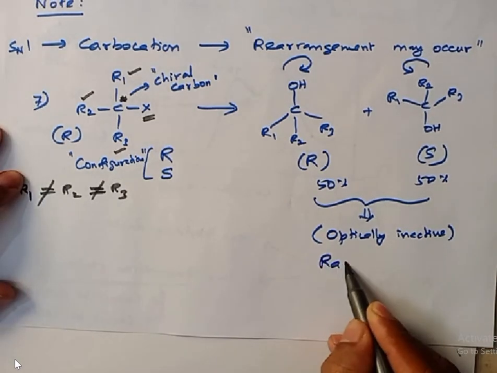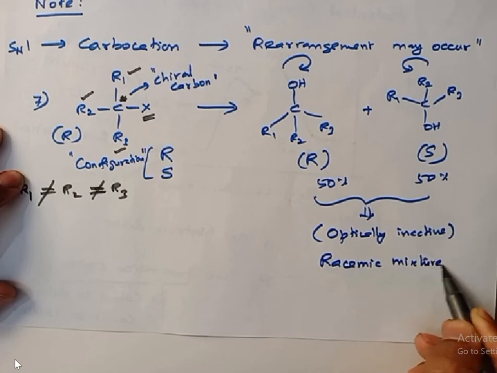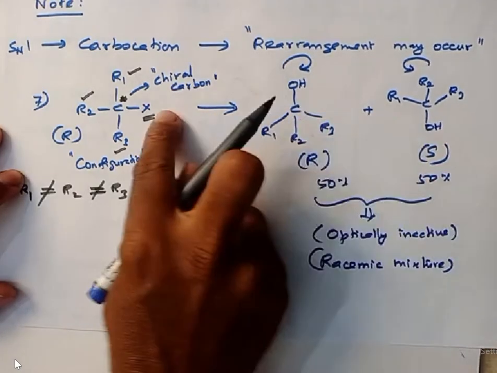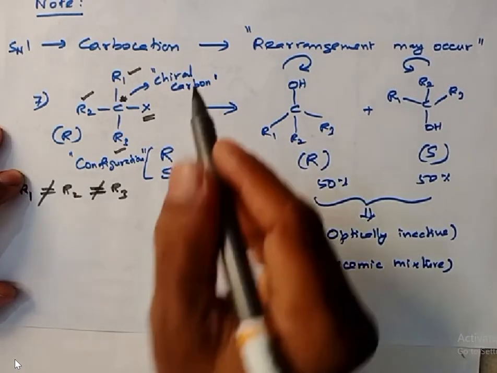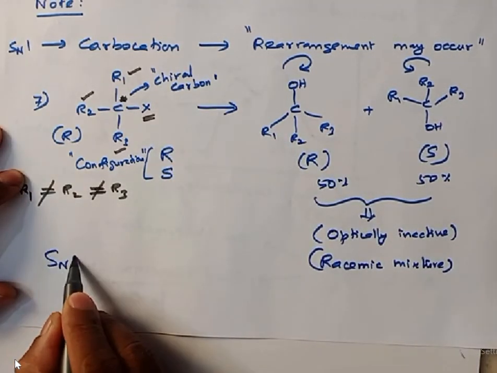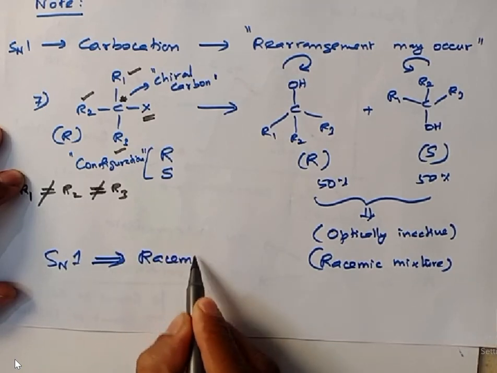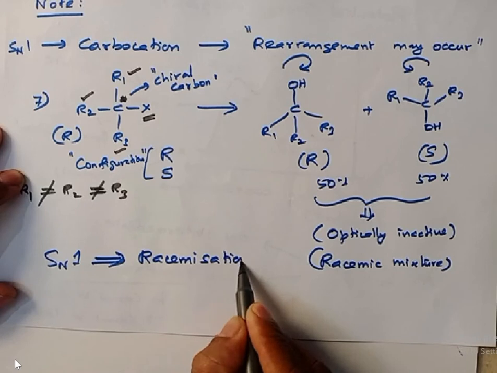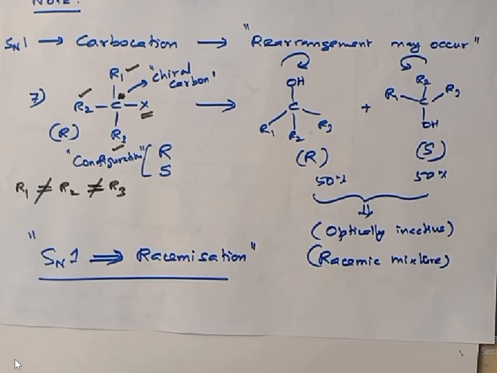That mixture is called racemic mixture, and this reaction leads to a racemic mixture, correct? So the Sn1 reaction often leads to racemization. Note down: Sn1 reaction leads to racemization.